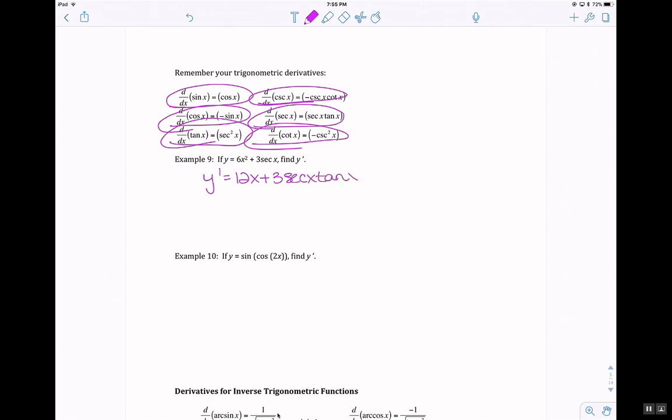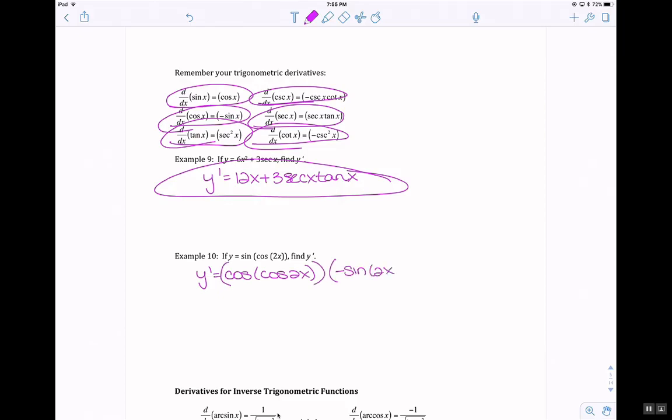So, example 9, my y prime is 12x plus the derivative of secant x, which is secant tangent. So that's my solution. Example 10 has chain rule, so y prime, derivative of sine is cosine of cosine 2x, times the derivative of cosine, which is negative sine of 2x, and then times the derivative of 2x, which is just 2.